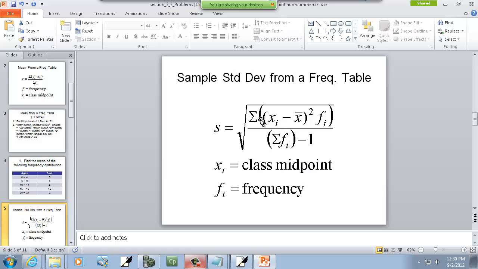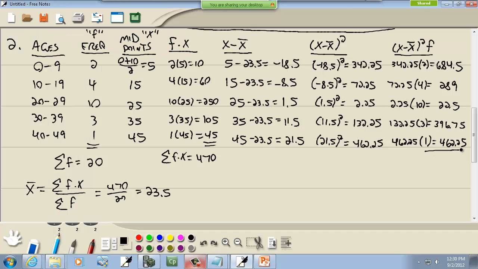Okay, so we've done all of this. So now the sigma out in front says now add it together. So I got 684.5 plus 289 plus 22.5 plus 396.75 plus 462.25.